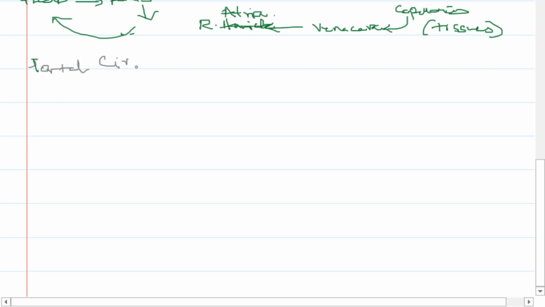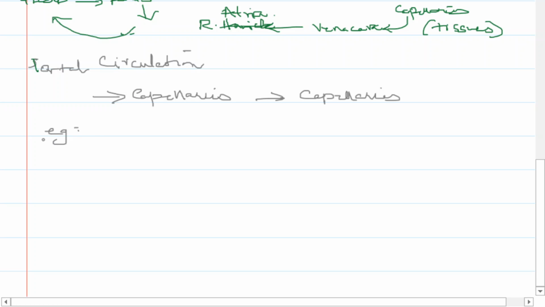Now, a portal system is a system that starts off with capillaries and also ends in capillaries. An example is a renal portal system or the hepatic portal system.